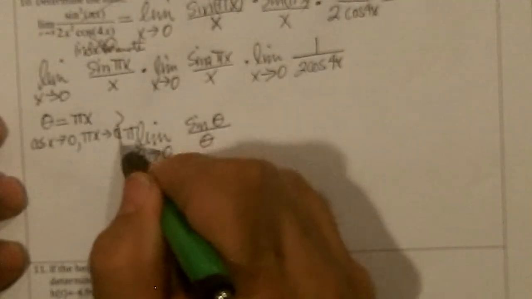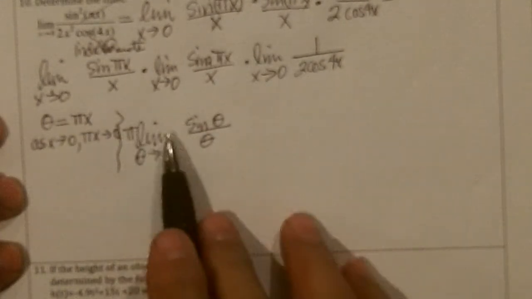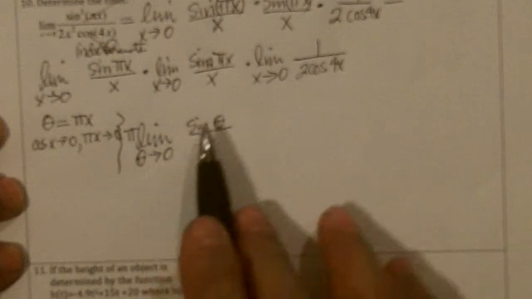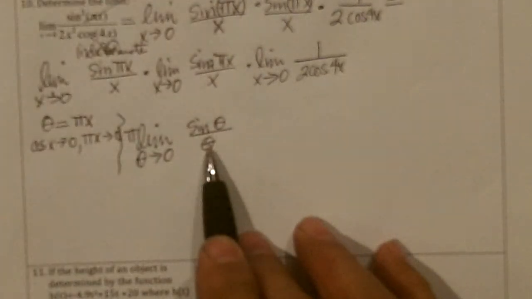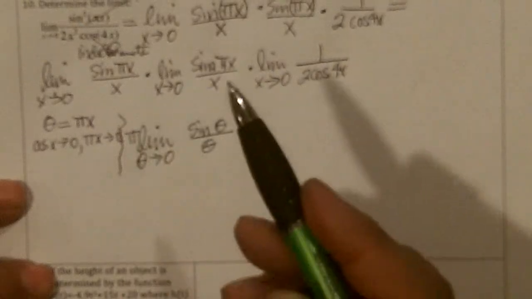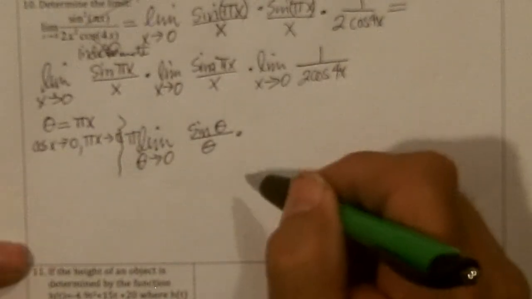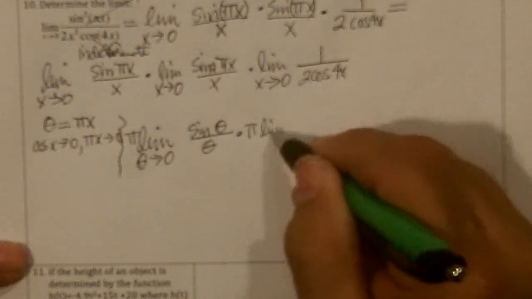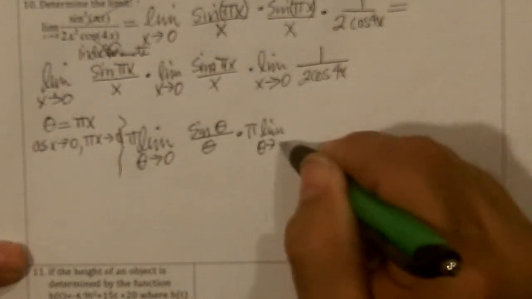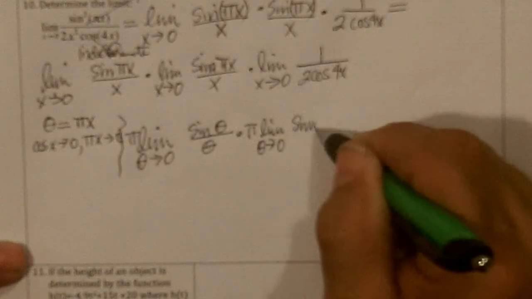So I'll have pi, limit as theta goes to 0 of sine of theta over theta. That's what I want. This other one will do the same thing, so I'm going to have times the same thing, pi limit as theta approaches 0 of sine theta over theta.